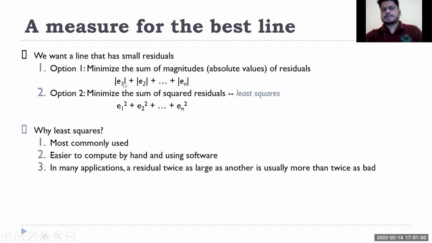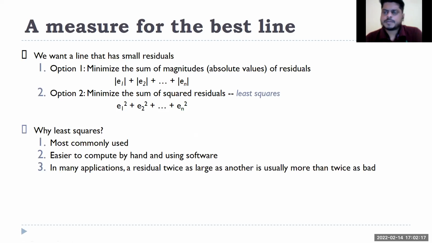I can take the absolute value of the residuals, so it is not that negative and positive errors cancel and the error becomes 0. Or I can take the least square value, right? So either way I can create a model, right? So why I am taking the least square value is, it is the most commonly used. That was the criterion, or that was the reason when it was started.